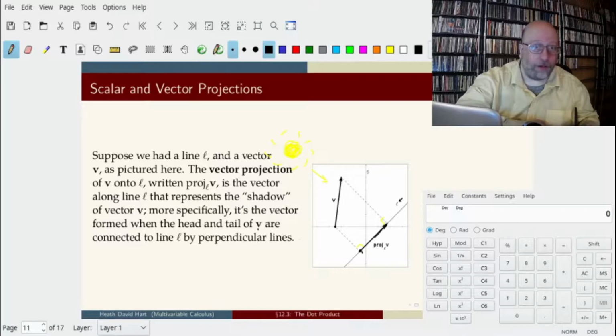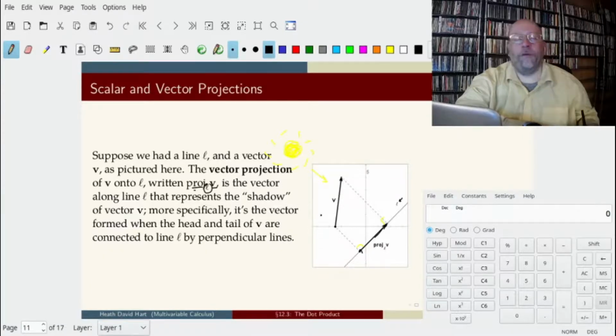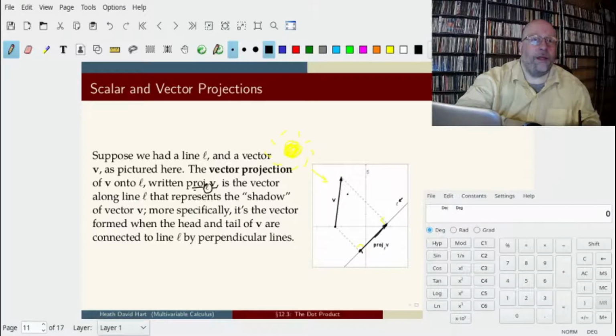it's written with this symbol. It's the projection of V onto L, and L is a little subscript in here. It's the vector line L that represents the shadow of V. If we want to be very specific and precise about it, we connect the head and the tail of the vector V to the line L using perpendicular lines.